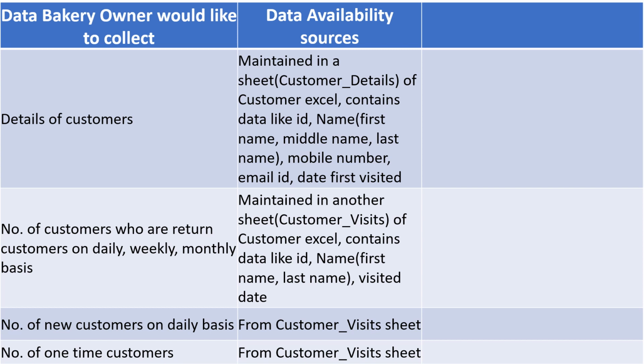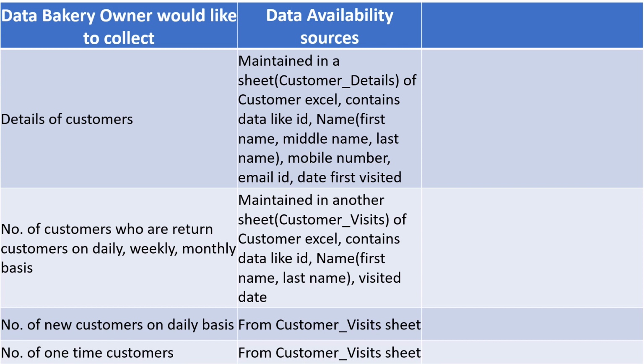Within that Excel file, he has a customer details sheet in which he captures an ID assigned to the customer, the first name, middle name, and last name, mobile number, email ID, and the date first visited. This is the information he captures for each customer.